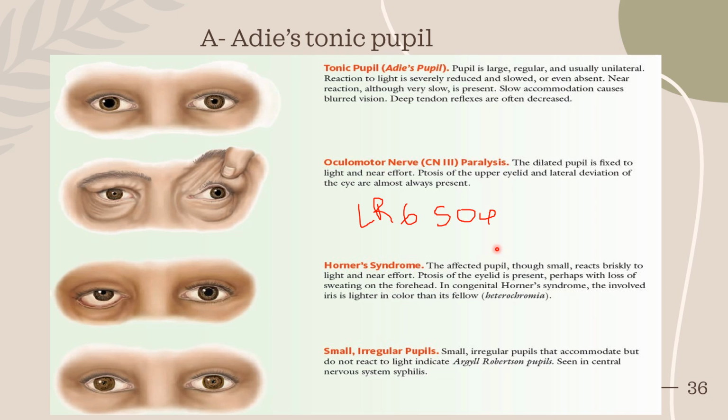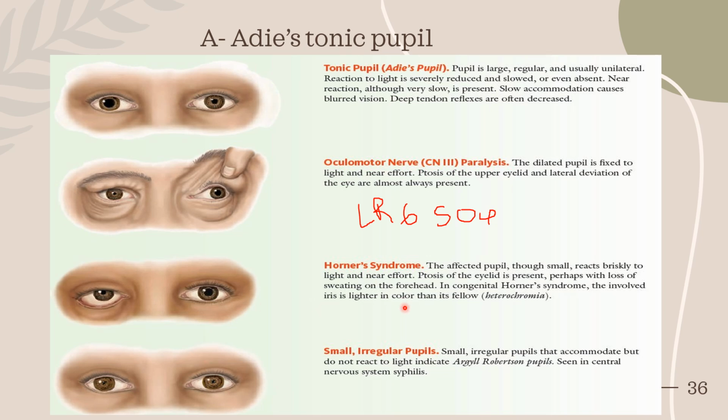So the eye will be down and out, because that is the only action that is remaining. All other actions are paralyzed. So that will be there in third nerve palsy. The pupil will be dilated, the light and near effort all will be fixed, and there will be ptosis, and the eye will be down and out.